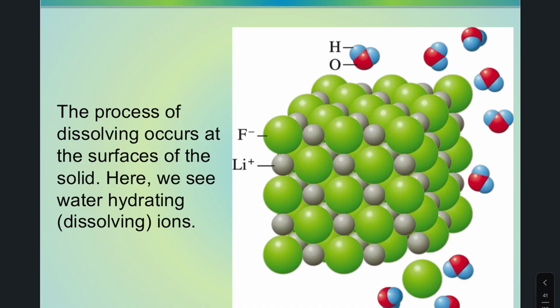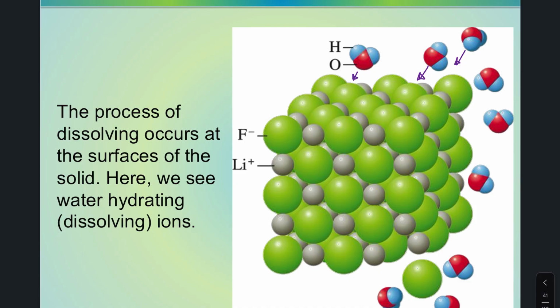And so if we were to zoom in on a crystal of lithium fluoride and see what was actually happening, you would be able to see that the lithium fluoride crystal is being surrounded by these water molecules from every angle, and it is interacting with the partial negatives and partial positives.